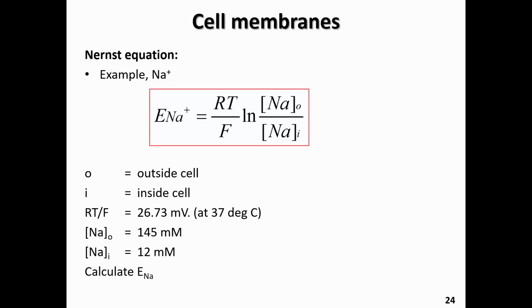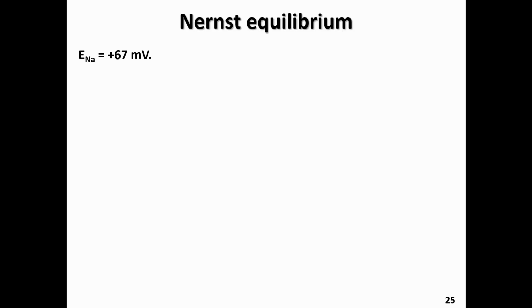We can calculate the Nernst potential. In calculating that value, we come up with positive 67 millivolts. If we repeat that for potassium, we would end up with a value of approximately negative 98 millivolts.